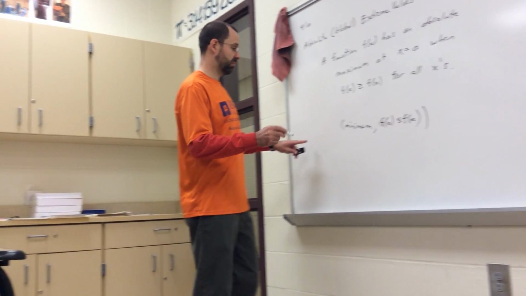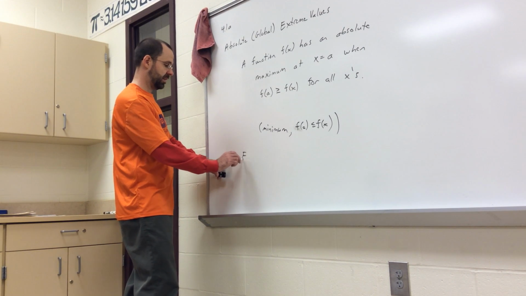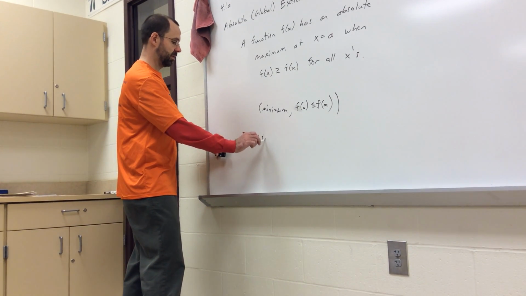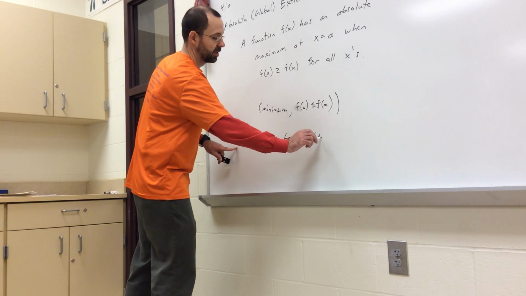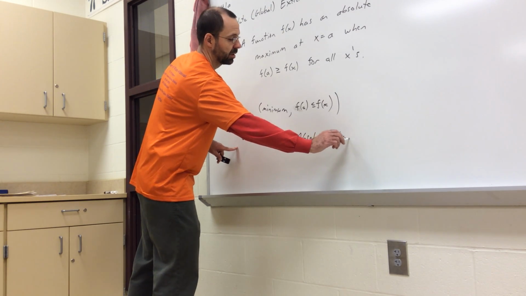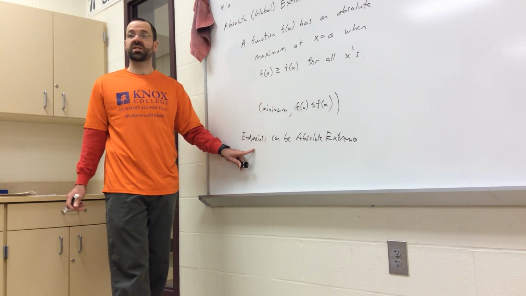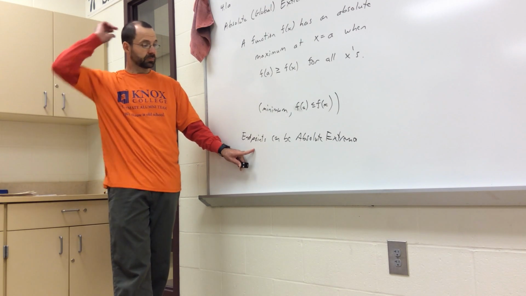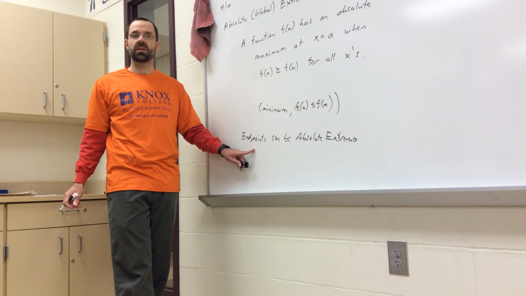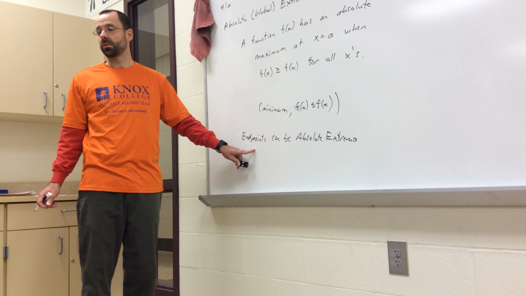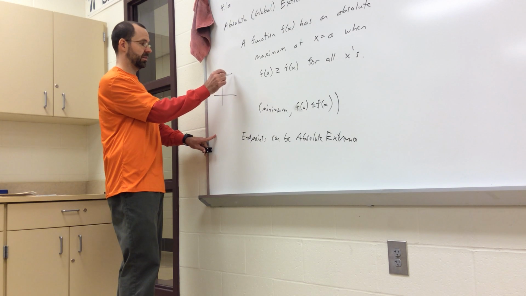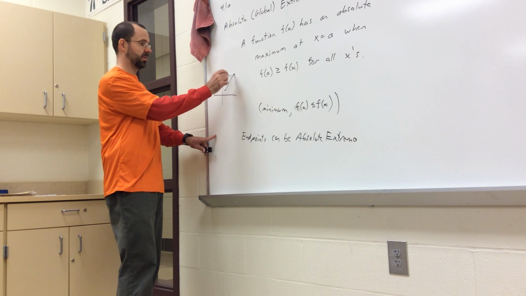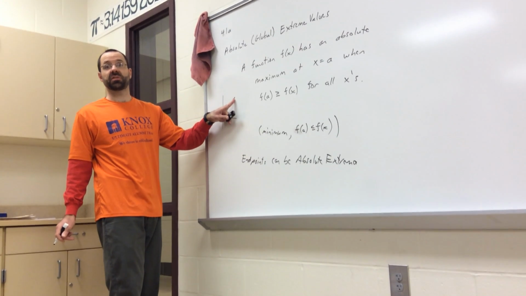Okay, so it's very important to know that endpoints can be absolute extrema. So what I mean by that is if you have a graph, that is the absolute max.